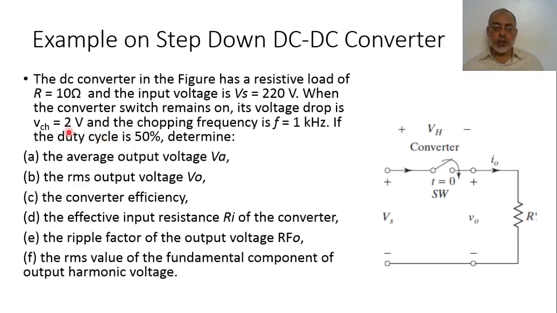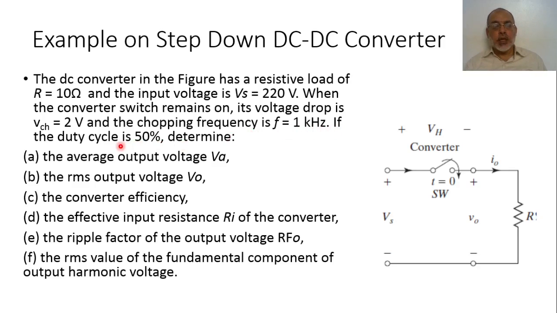In our discussion of the step-down DC to DC converter in the previous video, we didn't assume that there is a voltage drop on the switch. We assumed an ideal switch. And the chopping frequency F equals 1 kilohertz. This means that 1 over capital T equals 1 kilohertz.